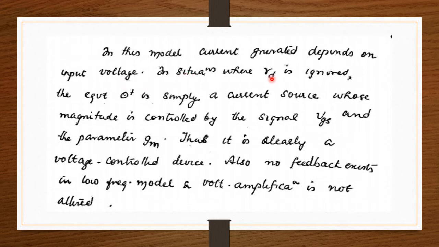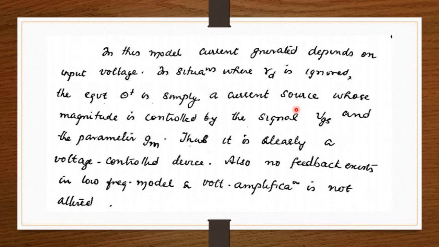In situations where RD can be ignored, the equivalent circuit is simply a current source whose magnitude is controlled by the signal VGS and the parameter GM. We get the current source as GM into VGS. So if RD can be ignored, that is simply a current source.